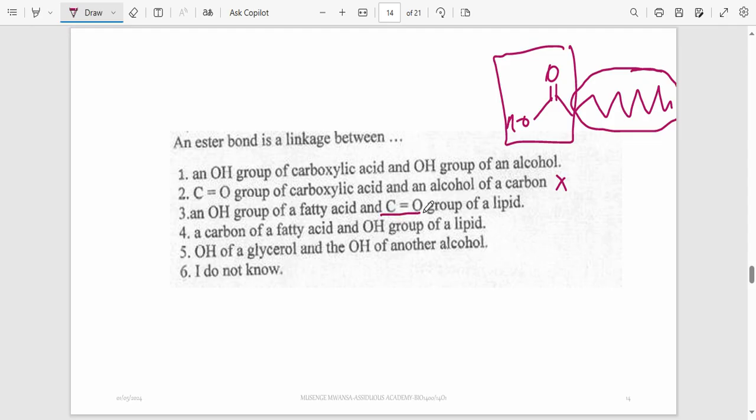This CO group is not supposed to be of a lipid, it's supposed to be of an alcohol. And for option 4, a carbon of a fatty acid and OH of a lipid. That is not even a carbon. OH of glycerol and OH of another alcohol. You know that glycerol is not supposed to be with an alcohol, it's supposed to be with a fatty acid. Unless it was fatty acid there, the option would have been correct.